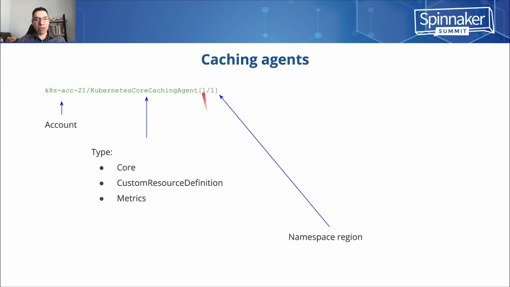As we saw here, the cache threads are indicated here. This is especially useful if your Kubernetes account has a lot of namespaces. Why? Because then you will have different caching agents caching different namespaces of the same account.